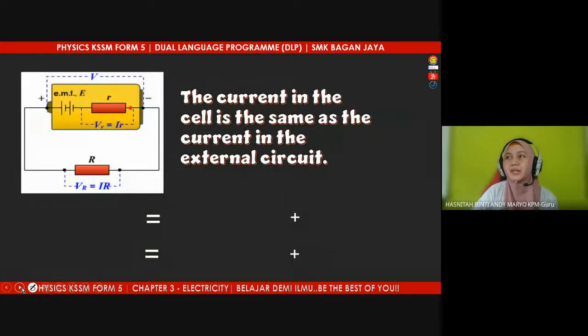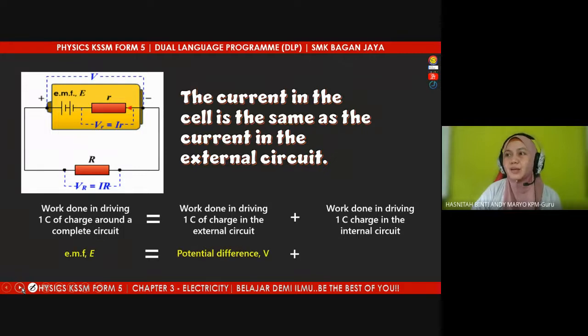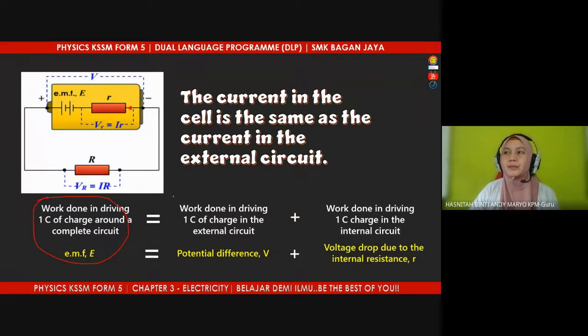Okay, students, next. This is how we derive a formula showing internal resistance, EMF, and voltage drop in a battery. You can write this formula. This is the EMF, the work done in driving 1 coulomb of charge around a complete circuit. EMF equals the potential difference, the work done in driving 1 coulomb of charge in the external circuit, plus the work done in driving 1 coulomb of charge in the internal circuit.